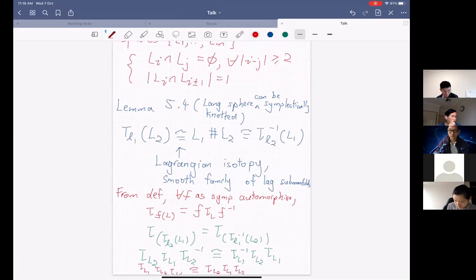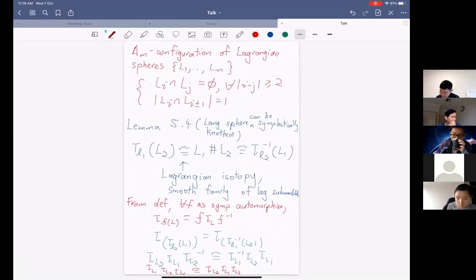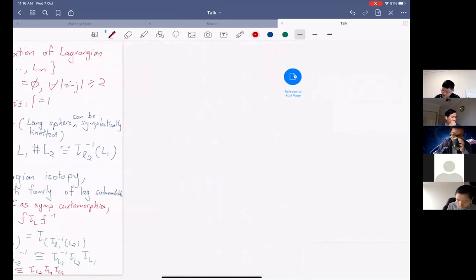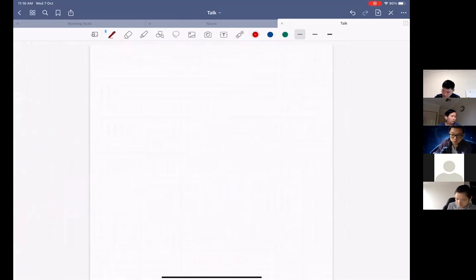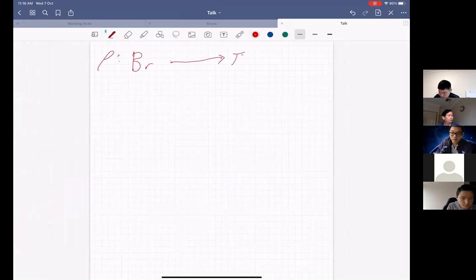Okay, so since you have this braid group relation here, you have a map going from the braid group into the pi 0 of symplectic automorphisms of E W. Any question or not?